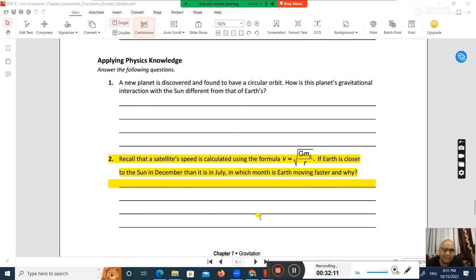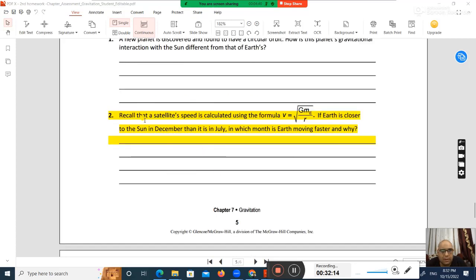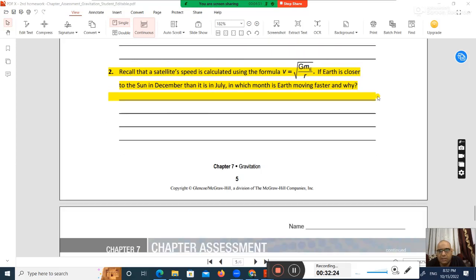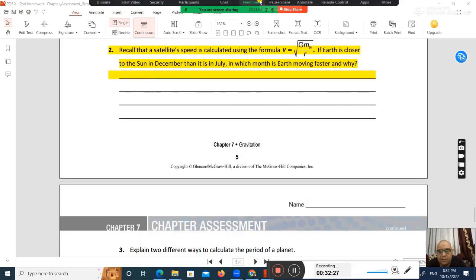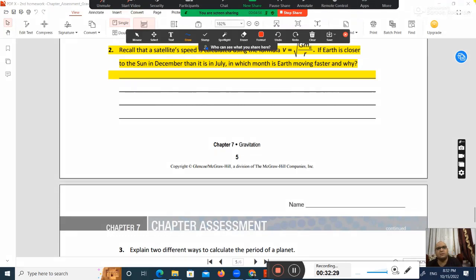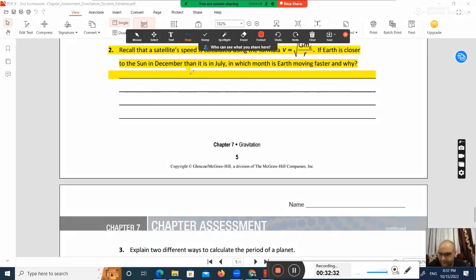Recall that the satellite speed is calculated using the formula v equals the square root of G M E over R. If the Earth is closer in December than in July, in which month is Earth moving faster?